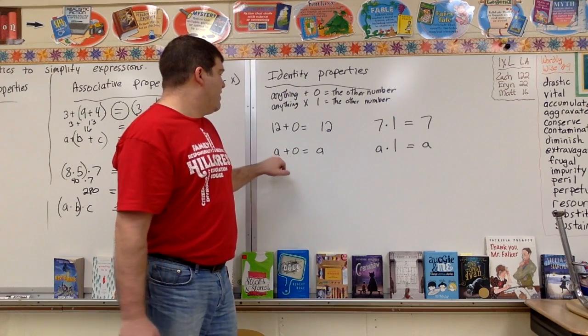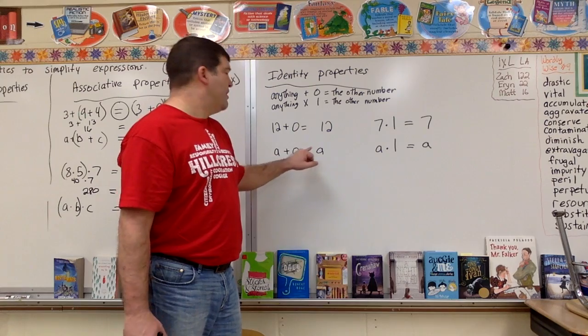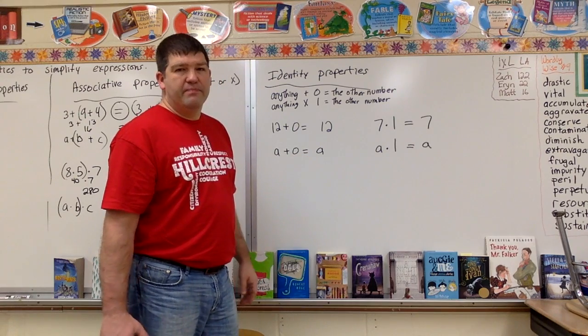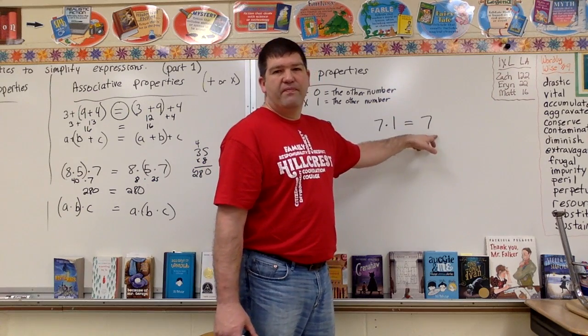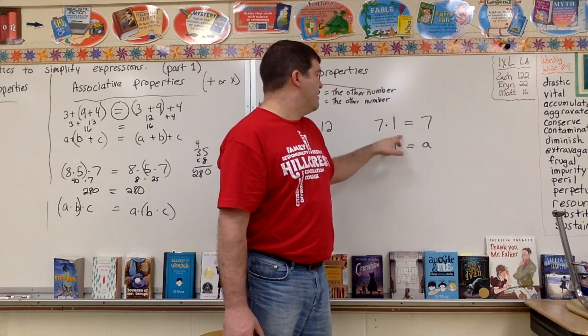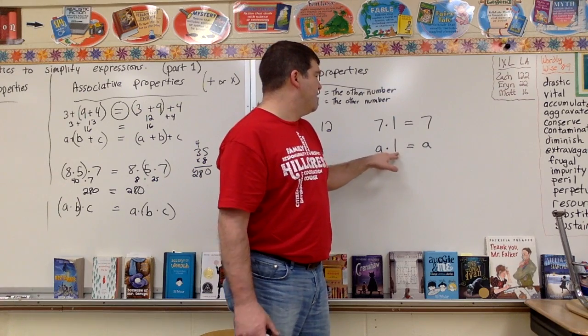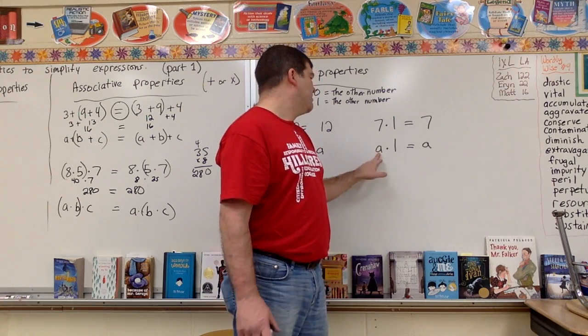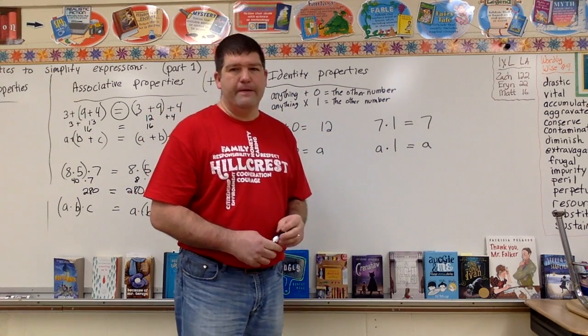So if I have a plus 0, I know it's going to be a every time. This one, 7 times 1 is 7. Anything times 1 is the other number. So if I do a times 1, it's always going to be the other one. It's not going to be the 1. It's going to be the a. That's the identity property.